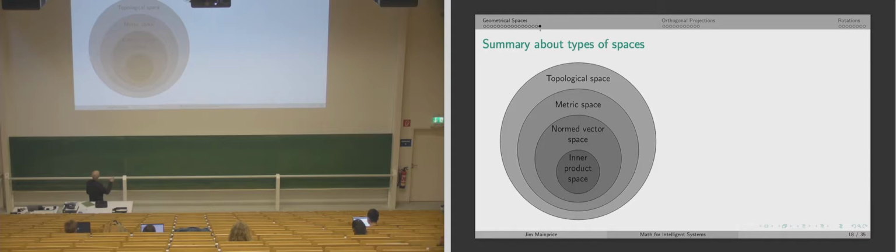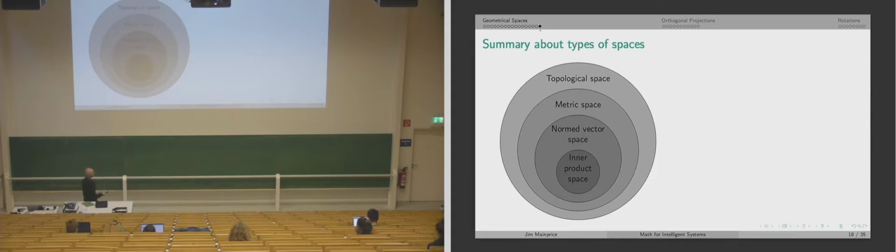We added first the inner product, and then we were able to derive norms from the inner product. That's called an induced norm, but a norm is just a concept and can be arbitrary. It doesn't need to be induced by the inner product of the space. And then we went on like that.